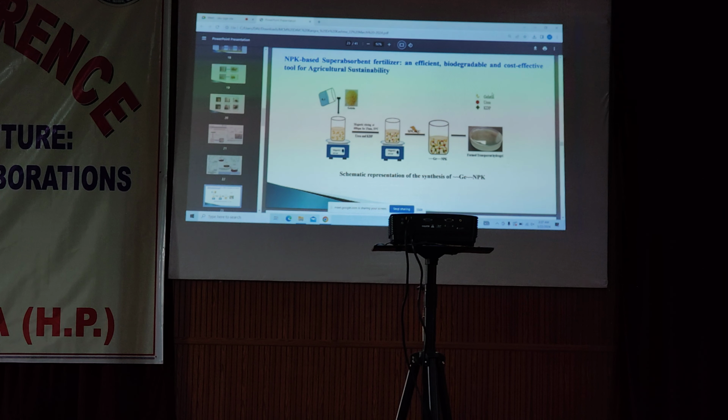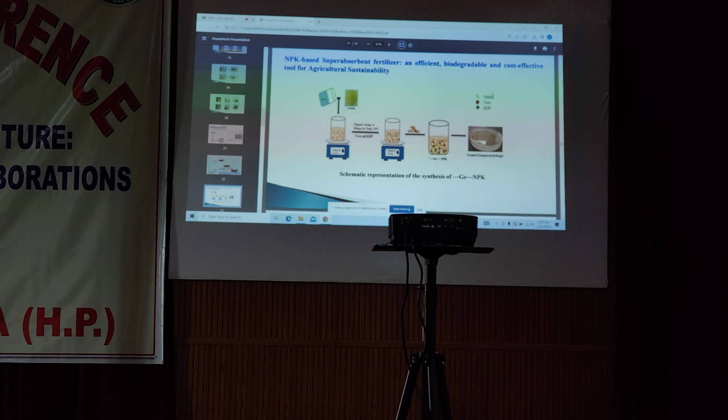Gelatin is again a gummy-like material, which we get from algae, water algae. We took it and through a reaction with urea and potassium diphosphate, we added the components like nitrogen, phosphorus and potassium into it.